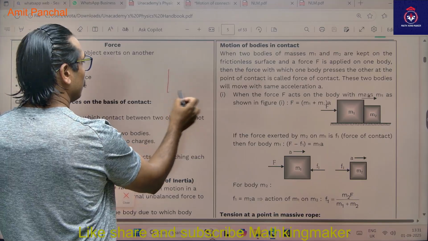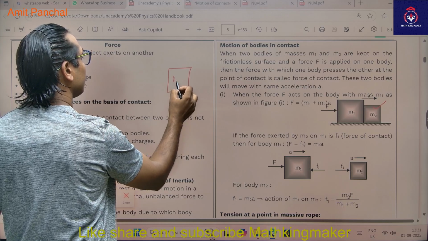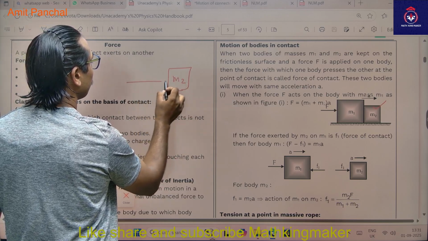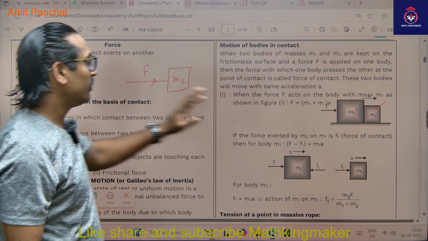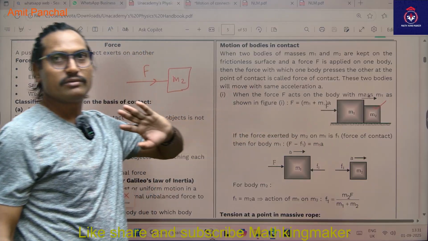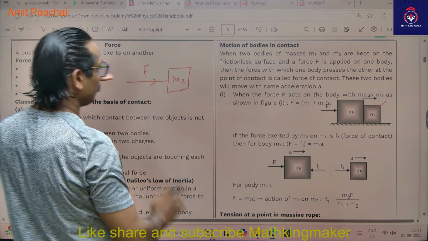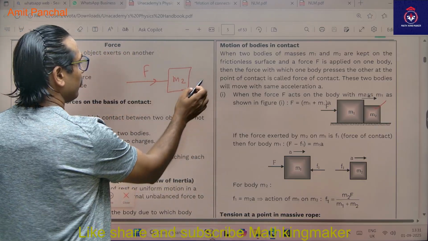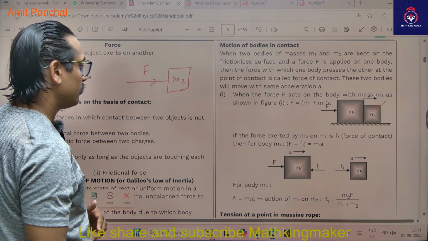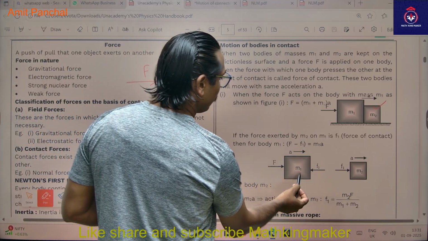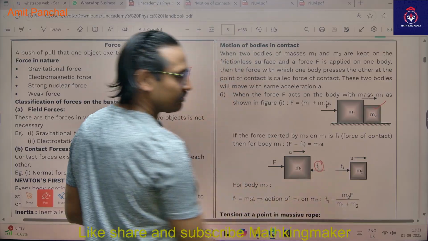If we talk about the M2 body here, that capital F force is applied by small m1. That force direction will be like this, and on M1, this M2 body is applying force F1.